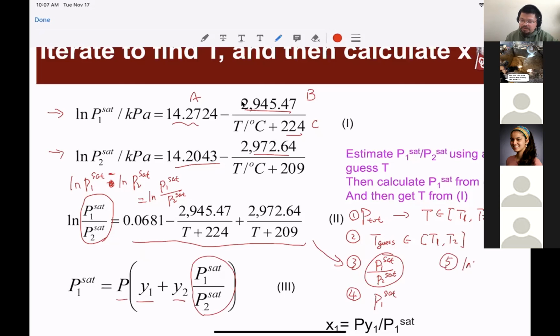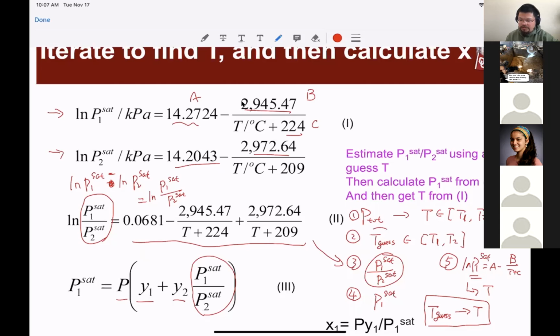Now I can use log P1 set equals A minus B over T plus C. Now this P1 set is known from step 4, and I can calculate the temperature. So from the guess temperature, I'm going to calculate the temperature. This is how you run the iteration until the value is exactly the calculated value as output. Then that's a convergence, and we will stop over there. Okay.